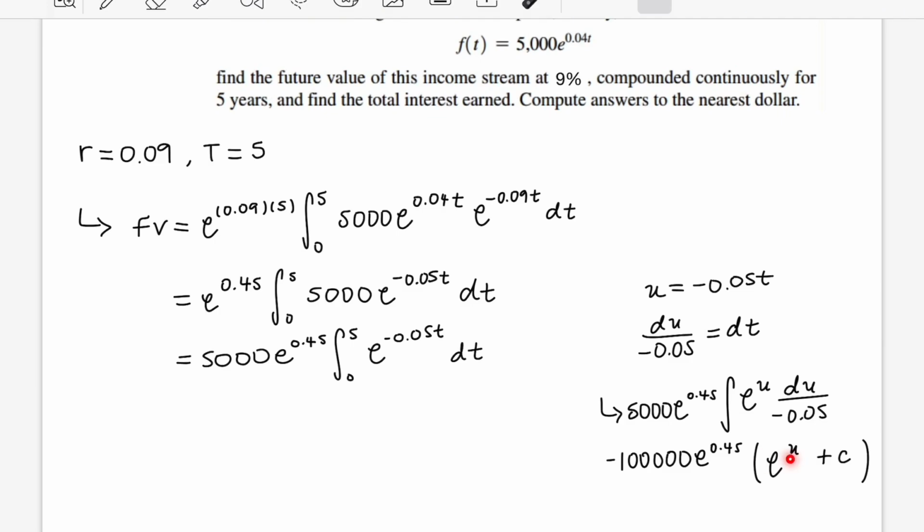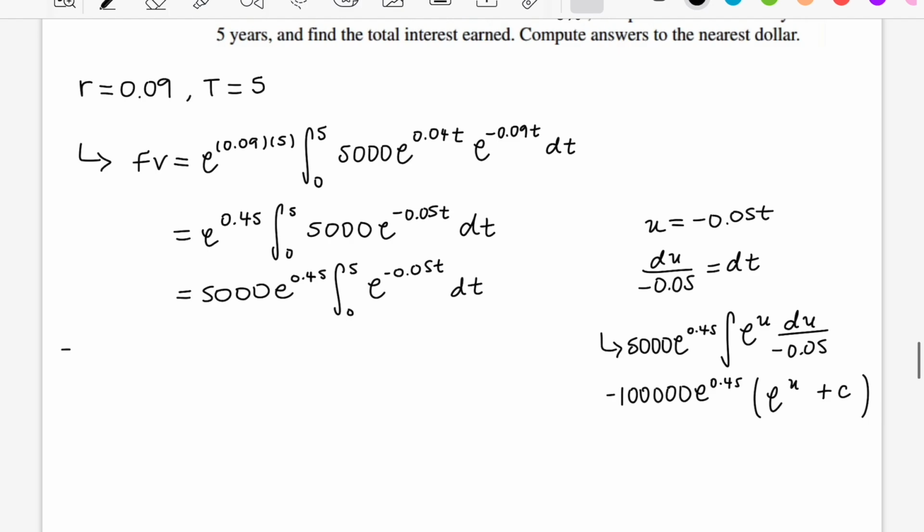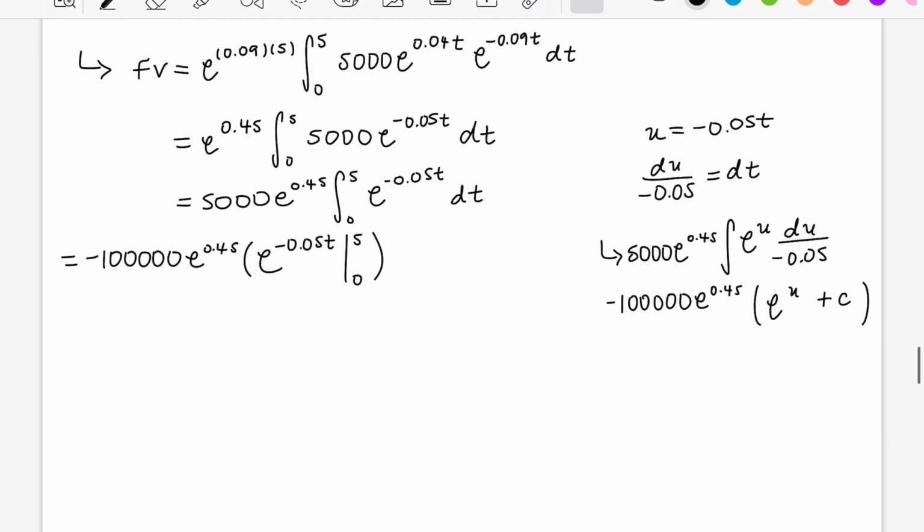So with this information here, we can rewrite this guy. We know that this is going to be negative 100,000 times e to the 0.45 out here. And then e to the u, which is negative 0.05 t, evaluated at 0 and 5 here.